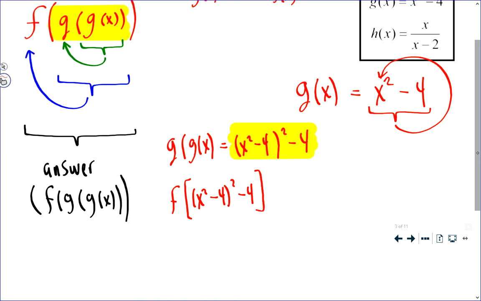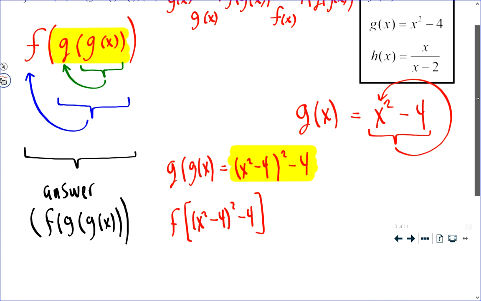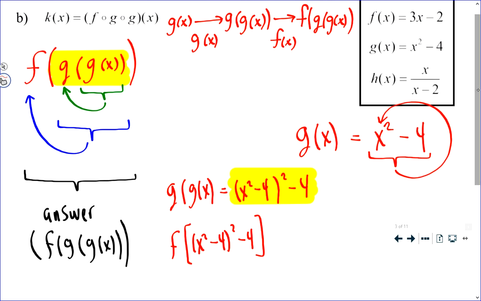What does that mean? It means that we're going to take that whole thing and put it in for x in f. F of x, when you take a look up here at the function f of x, is tripling the input and subtracting 2. F of x is tripling the input and then subtracting 2.